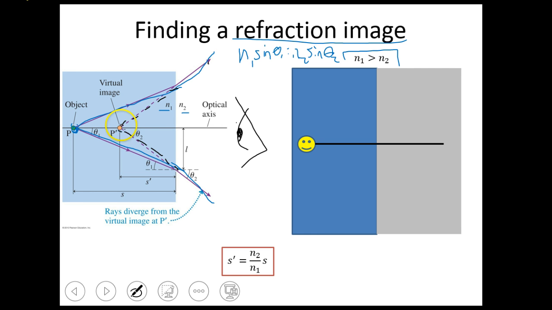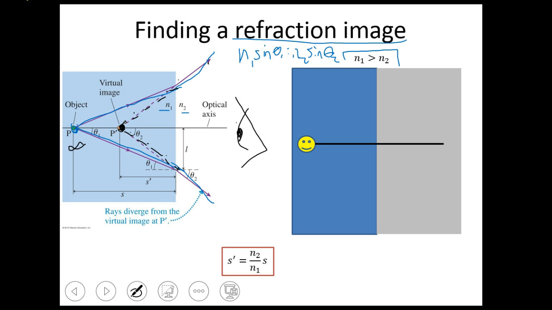If I do that, I see where this person sees that object. So if this object is like a fish in our tank, right? That fish is actually farther back than what we see it because of this whole refraction thing. These light rays bend outward as they go into air from glass or water, and we trace it back, and that fish appears much closer to us than it actually is.